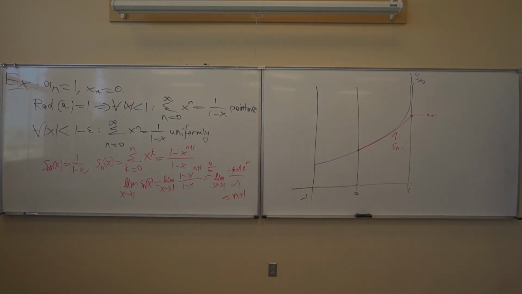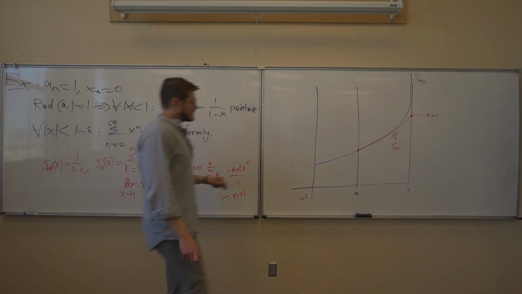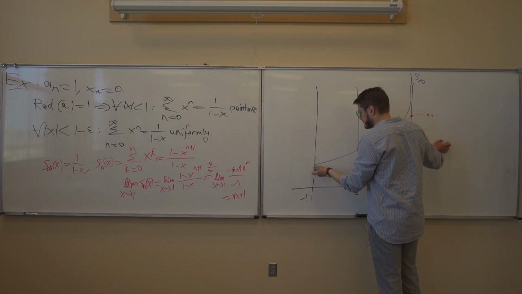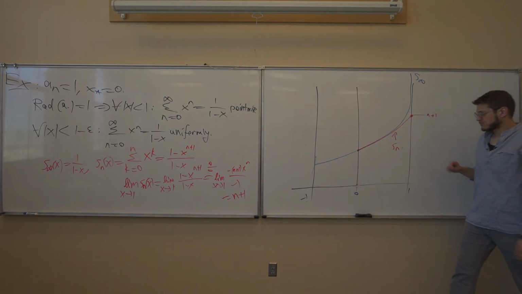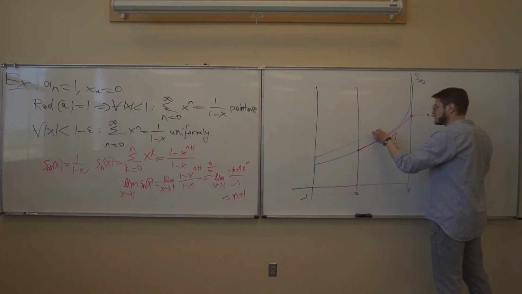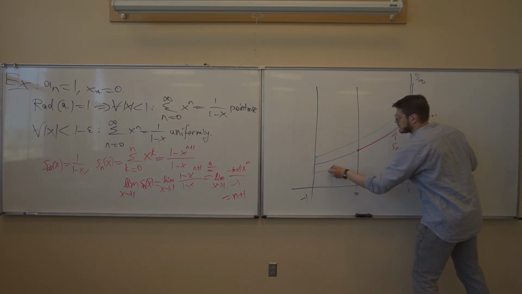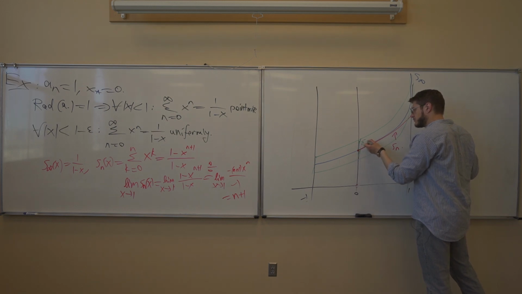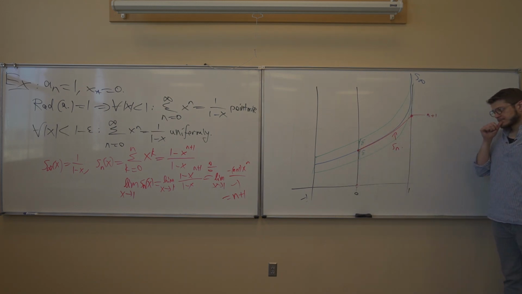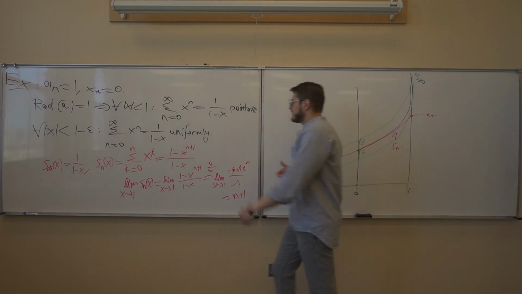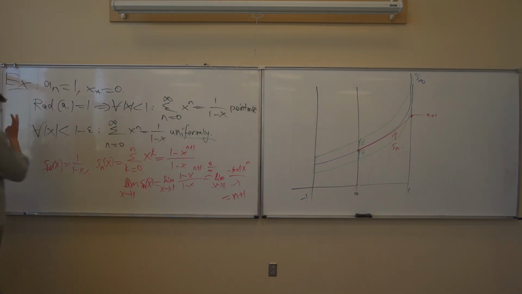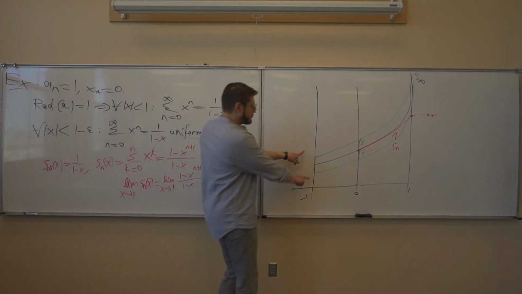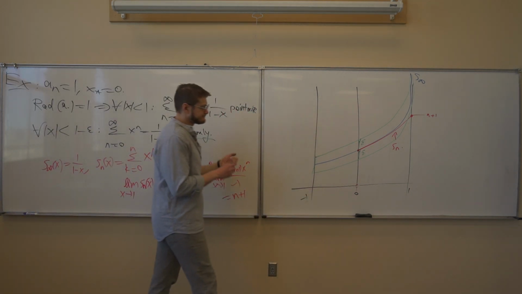For uniform convergence, we were looking at an epsilon strip around the target function, vertical strip. Okay. And for uniform convergence, we needed that the graph, the complete graph of the approximating sequence, be inside the epsilon strip around the target.